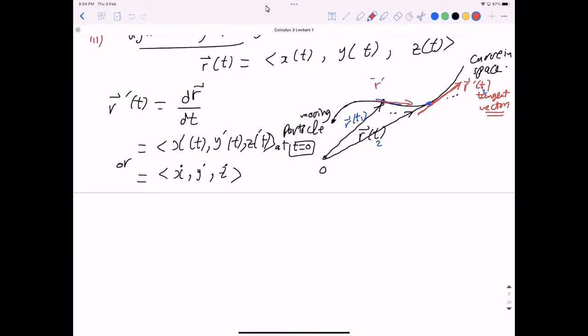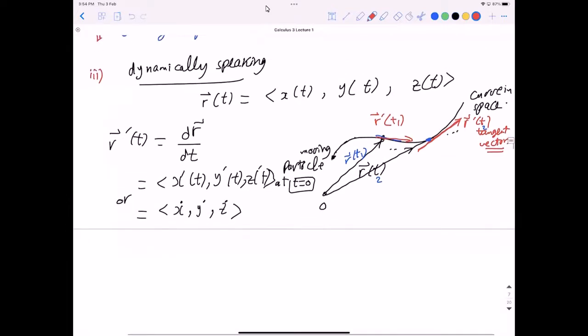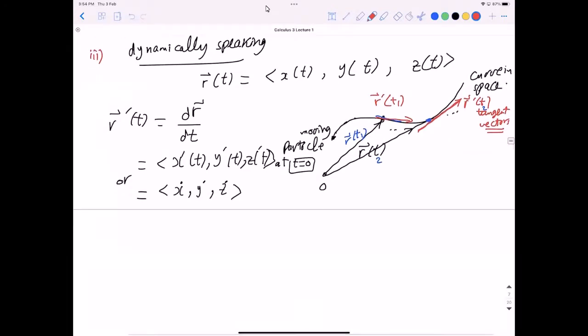This is R dash, the tangent vector at T1 and so on. So as the particle moves, R changes and the tangent vector changes. We will be interested in this tangent vector and its unit vector as well. We will calculate them today, and have more study on them in the coming lectures, inshallah. Any question?